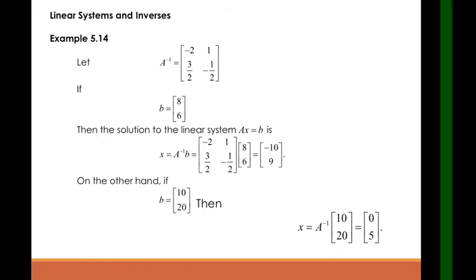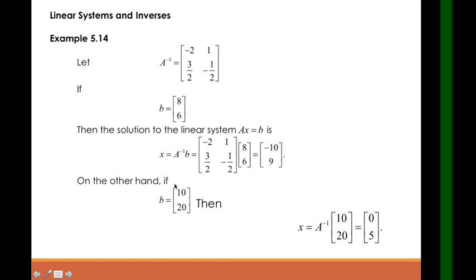Another, linear system and inverses. Let the inverse of A is equal to square bracket of negative 2, 1, 3 over 2, and negative 1 half. If B is equal to 8, 6, then the solution of the linear system AX equals B is X equals the inverse of A times B. So we will multiply this and you will get negative 10 and 9.